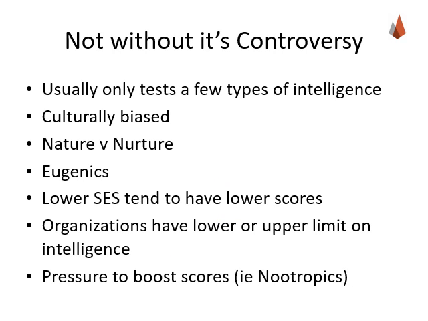Now, IQ tests are not without their controversy. They usually only test a few types of intelligences, usually verbal and math. Sometimes you'll see a little bit of spatial, but it's usually verbal and math. There are a lot of other intelligences out there. They tend to be culturally biased. Like I said, I didn't know what a tennis court was, because things are usually normed on upper middle class white people in New England.